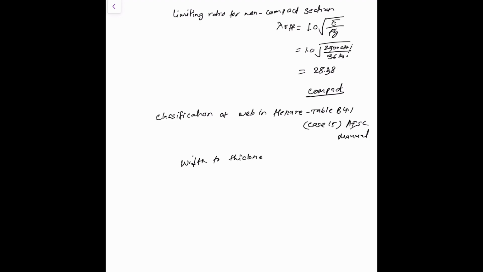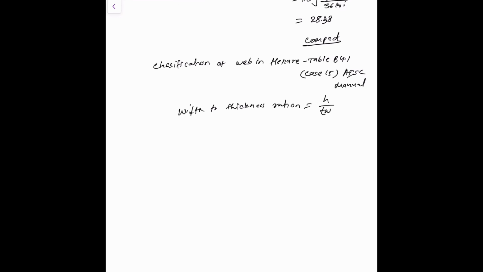The width to thickness ratio is given by h over thickness of web.